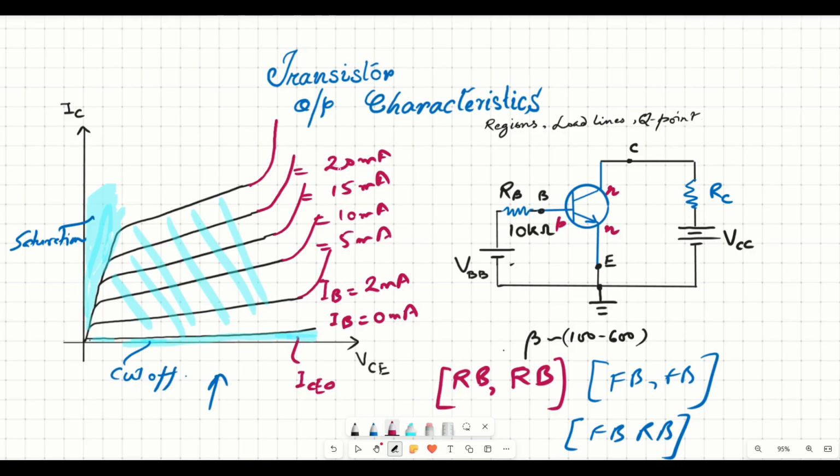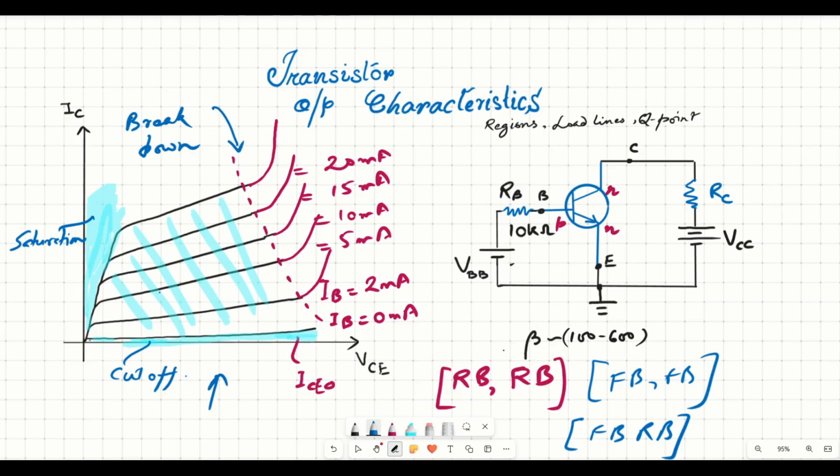That means the current will increase to a very high value, and we should never reach this type of region during operation, because this region will damage the transistor, and it is also known as the breakdown region. The breakdown region is the region where the transistor loses its capabilities, and the current will abruptly increase to a very high value.